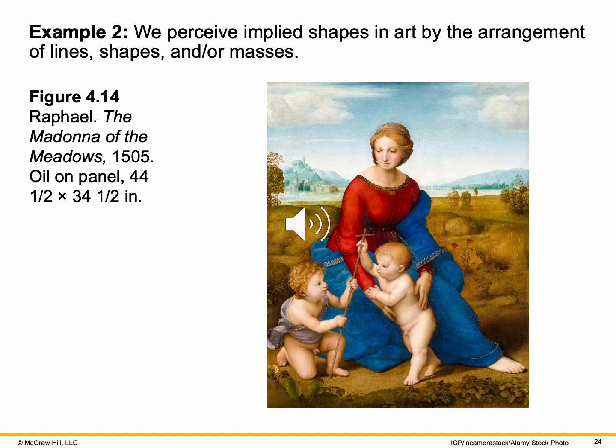Mary's head defines the apex, and John the Baptist the lower left corner. Defining the lower right corner is Mary's exposed foot, which draws our attention because of the way the pale flesh contrasts with the darker tones around it. Just as artists use implied lines to help direct our view around the composition, Raphael uses this implied shape to create a sense of order so that we perceive the composition as unified and harmonious.